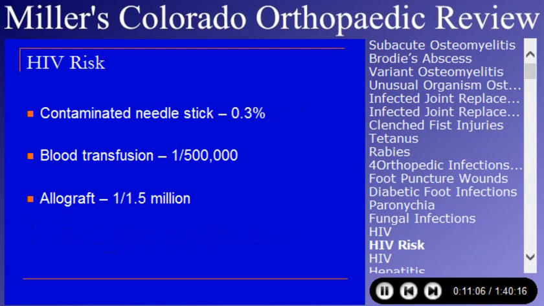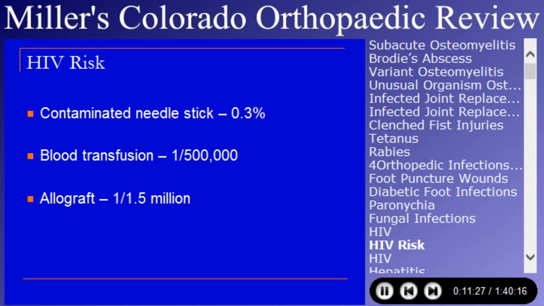HIV risk, you know, I don't know what the risk to attending orthopedic surgeons is, but I must get stuck at least once a quarter by a resident with a needle. The incidence is said to be 0.3%. I haven't seen the reference.